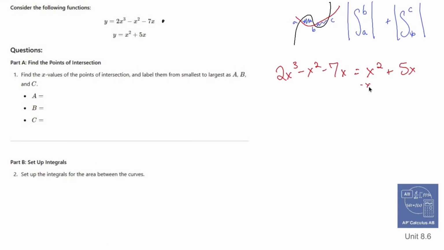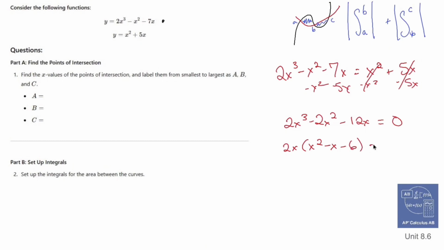Let's subtract x squared, subtract 5x, and you're left with 2x cubed minus 2x squared minus 12x equals 0. We can factor out a 2 and an x, and that leaves us with 2x times x squared minus x minus 6. Set that equal to 0. And we have 2x, factor that out to x minus 3, x plus 2.